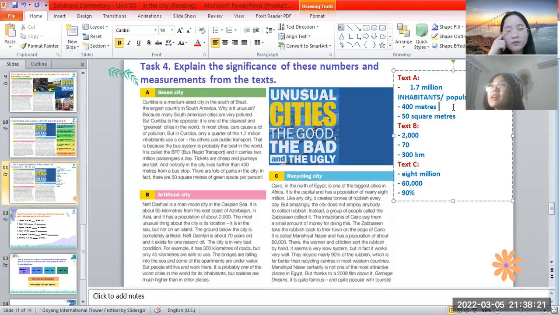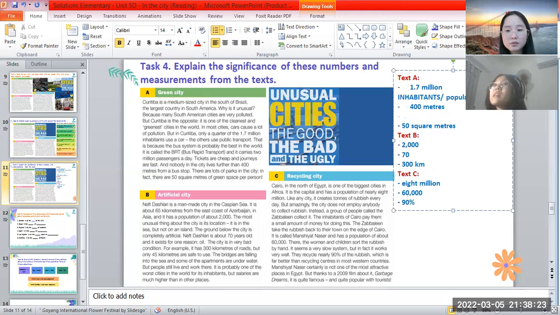How about 400 meters? What is it about? It's about meters from a bus stop.